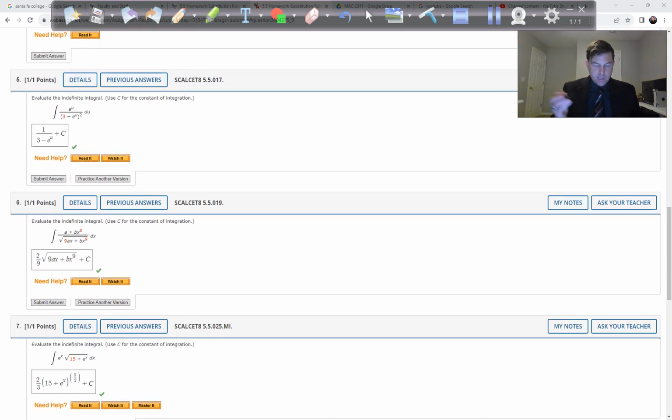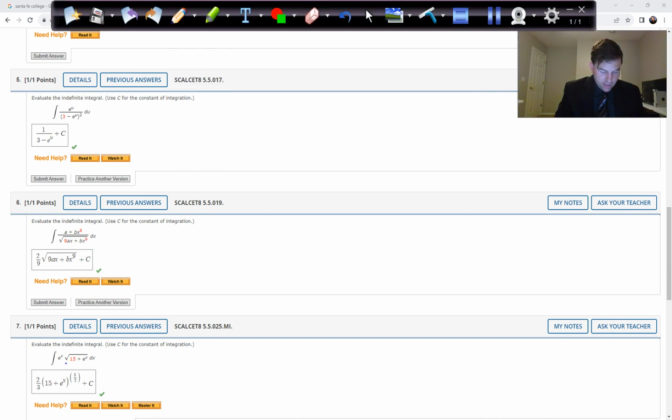Okay, so problem 7, again, probably pretty easy to see. Take everything inside this square root symbol to be u. So we start with the integral of e to the x times the square root of 15 plus e to the x dx.